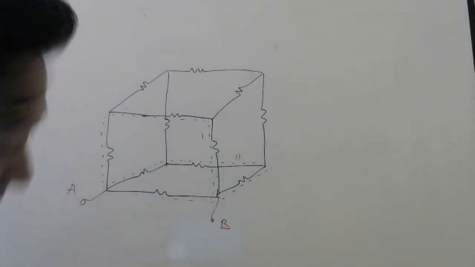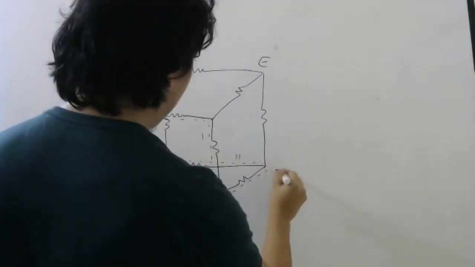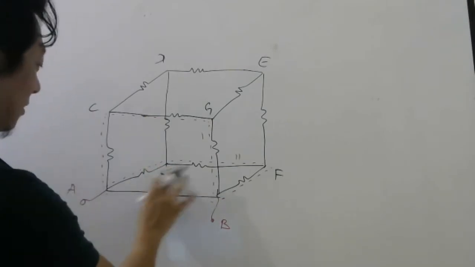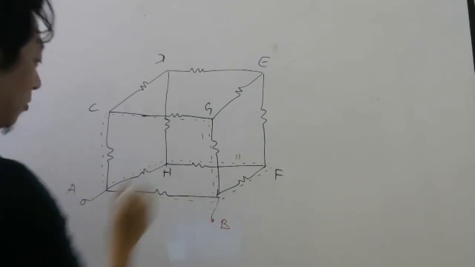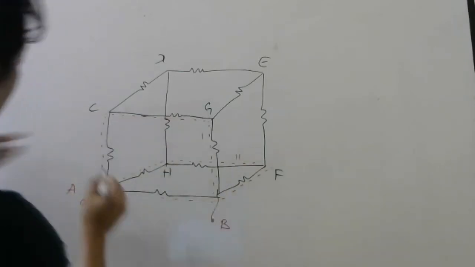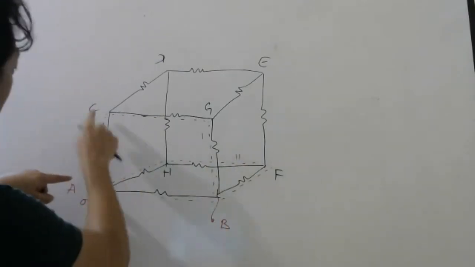So if I give some names now, C, B, E, F, G, H, I, J is not needed. Now look here. This path is symmetrical to this path. That means opposite points C and H. This path is symmetrical to this path.